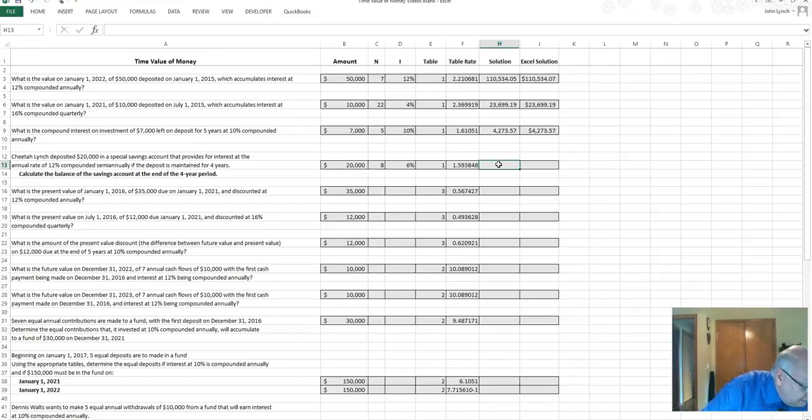So this one is equal to the 20,000 times the 1.59, okay? And this one is equal to, again, future value. The rate is 6%, comma, number of periods is 8.